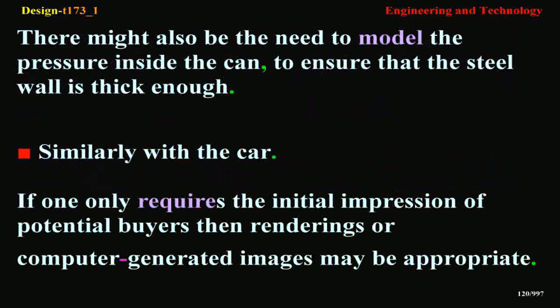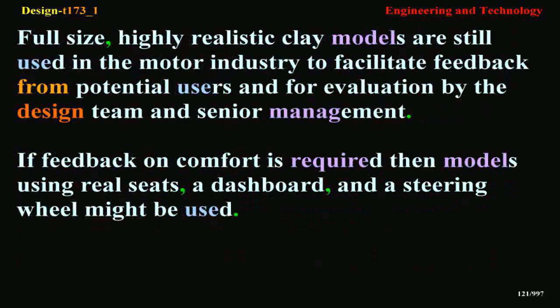If one only requires the initial impression of potential buyers, then renderings or computer-generated images may be appropriate. Full-size, highly realistic clay models are still used in the motor industry to facilitate feedback from potential users and for evaluation by the design team and senior management. If feedback on comfort is required, then models using real seats, a dashboard, and a steering wheel might be used.